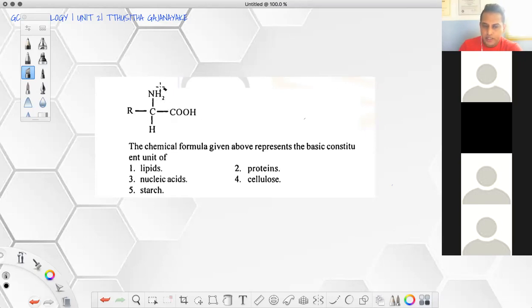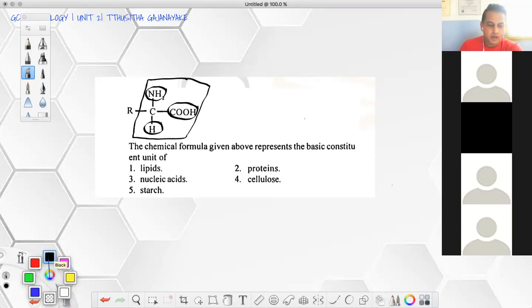You can see an amine group, a carboxylic group, and hydrogen. This part is the same in all amino acids, the only difference is this R group. So amino acids join together to make proteins. Lipids are basically glycerol and fatty acids. Nucleotides make the nucleic acids. Alpha glucose makes starch. Beta glucose makes cellulose.